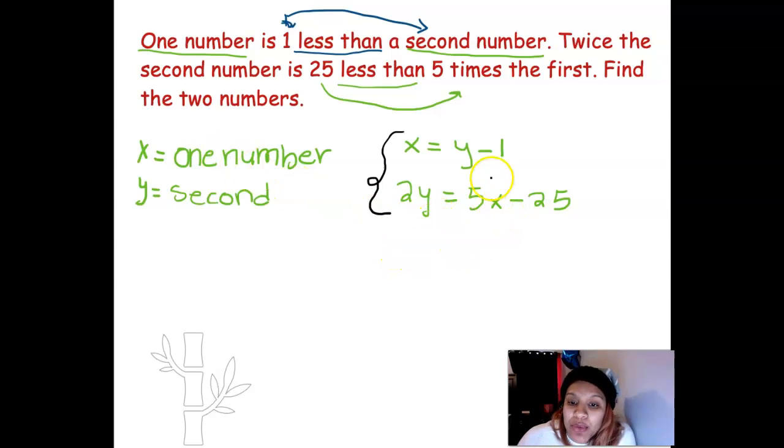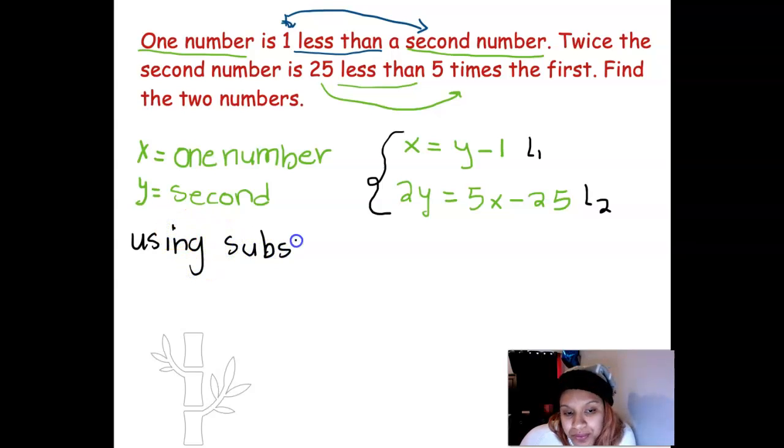I will use the substitution method to solve this, because one of the equations is already isolated. So I'm going to substitute line 1 into line 2 so I can solve for y.